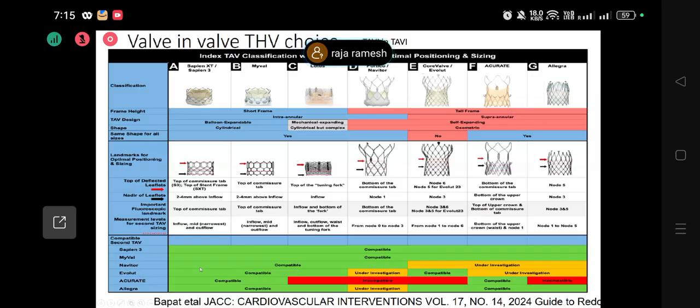But for the self-expandable valve, there will be a limitation. You can place it inside a balloon expandable valve, but this red mark means that inside a self-expandable valve, we can't place another self-expandable valve.